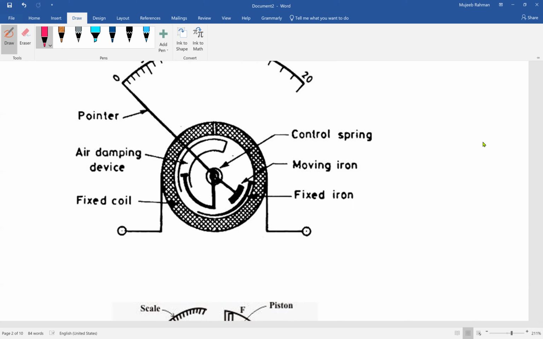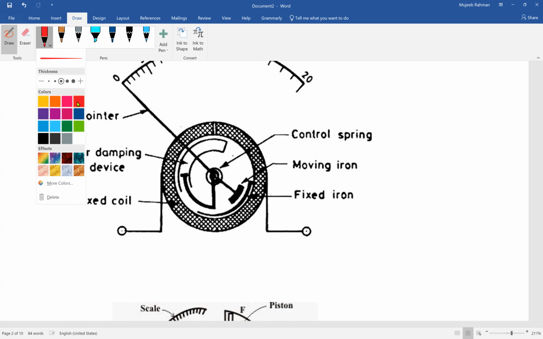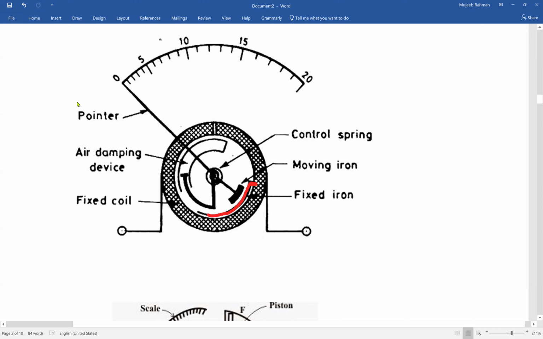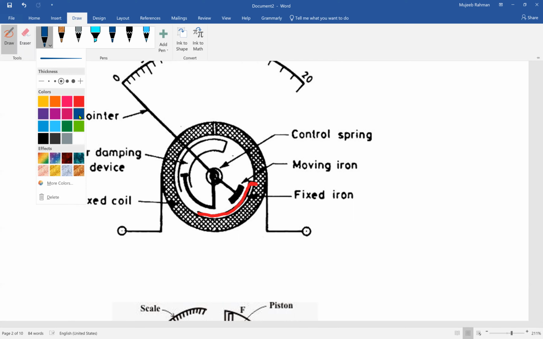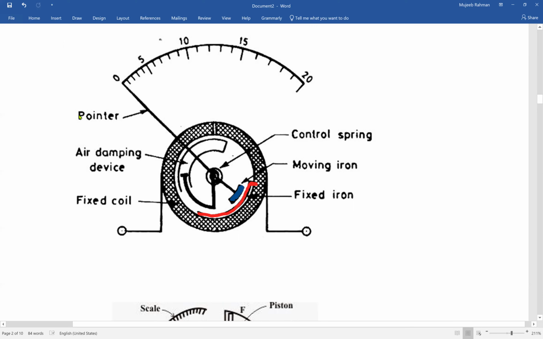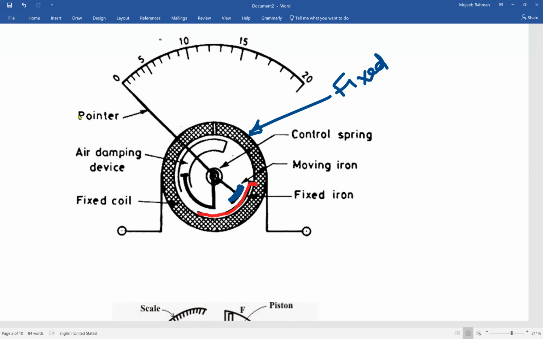In this image, this one part is already fixed, and you have another small piece, which is attached here. This is the second, moving piece, and both are magnetized by the same fixed coil.